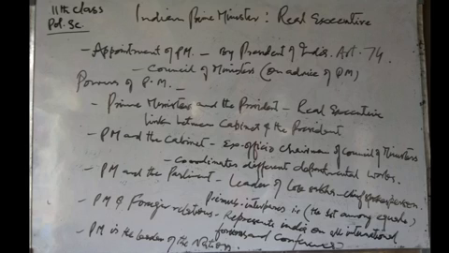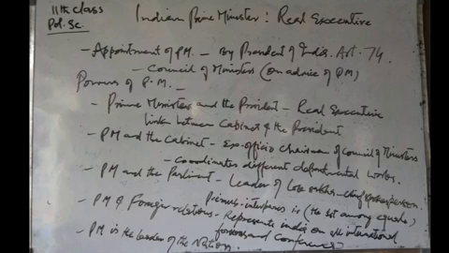Prime Minister and the Cabinet. The entire Council of Ministers is appointed and allocated work by the President on the advice of Prime Minister. The Prime Minister is the chairman of the Council of Ministers and presides over the meetings.